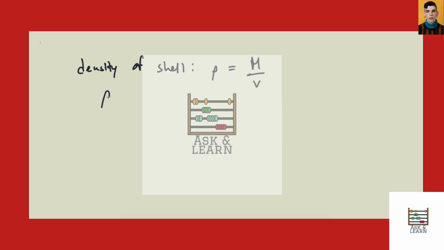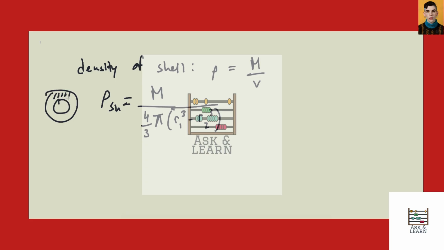So the density of the shell, rho sub shell, is mass M over volume, which is 4/3 pi r cubed, and r cubed in this case will be R1 cubed minus R2 cubed, because we want the density of this stuff here, not anything inside or outside. That's why we're taking the difference between the volume of the bigger sphere and the volume of the smaller sphere. Okay, so that's the density of the shell.